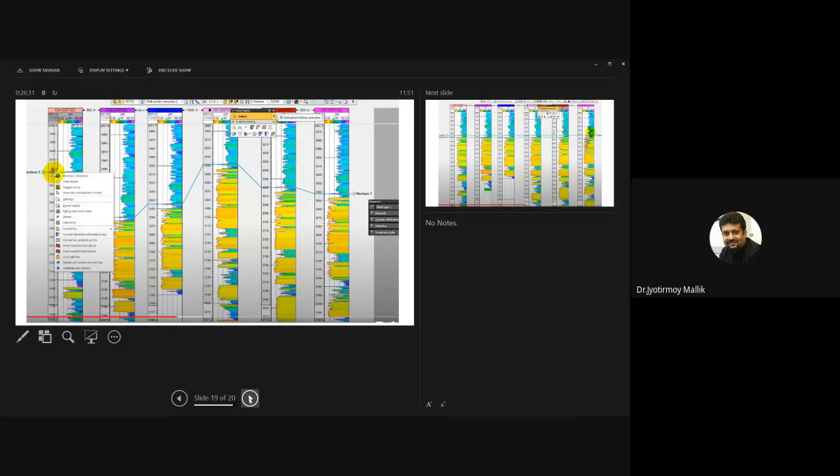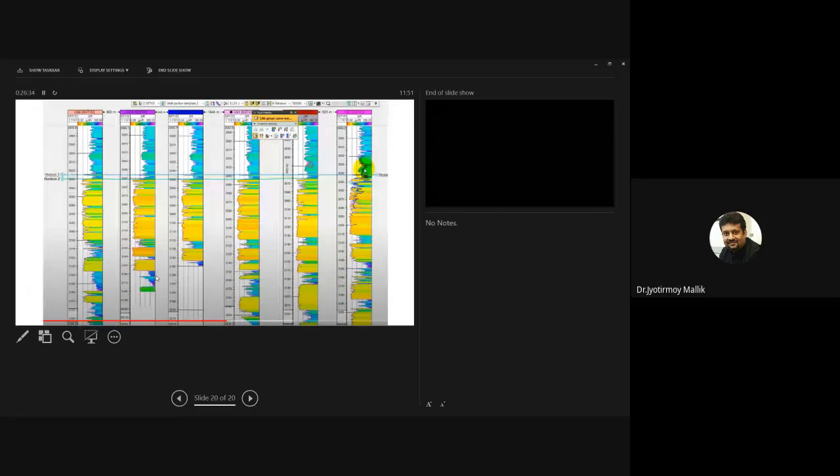And then what I have done, I have flattened it over horizon 1. Although they are coming from different depths, they are kind of leveled together. And then things become easier for us.